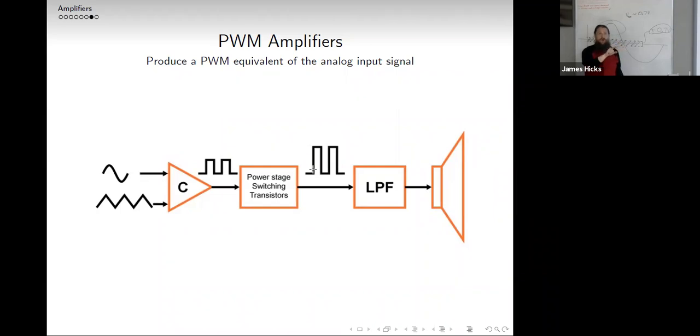So we encoded our analog signal in the different gaps between the square pulses. When I amplify that, I don't change the gaps between those pulses. So I haven't changed any of the frequency, only the amplitude.